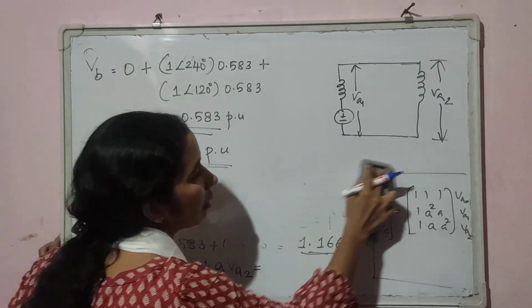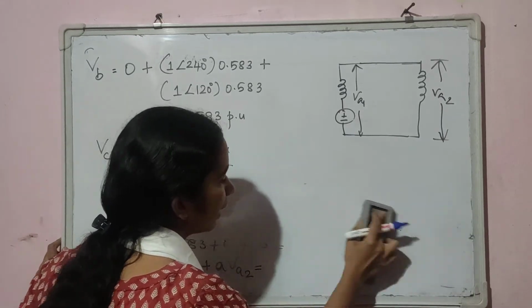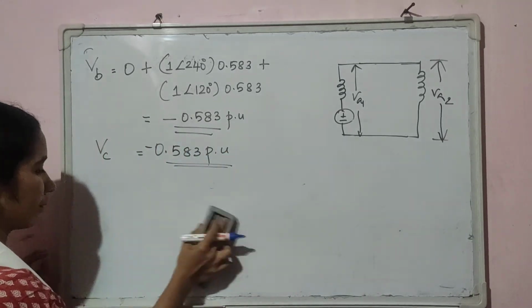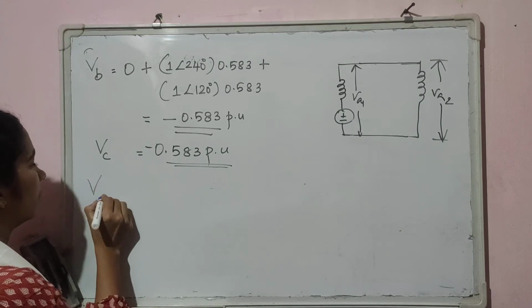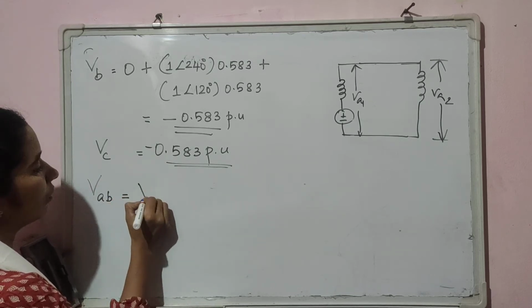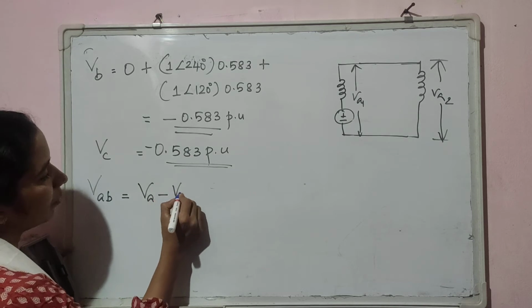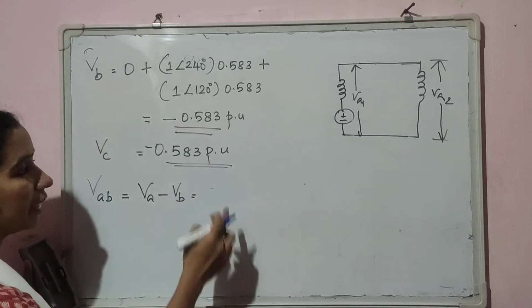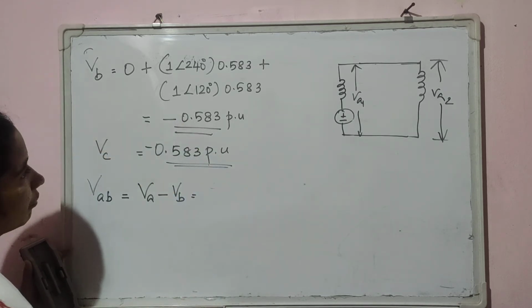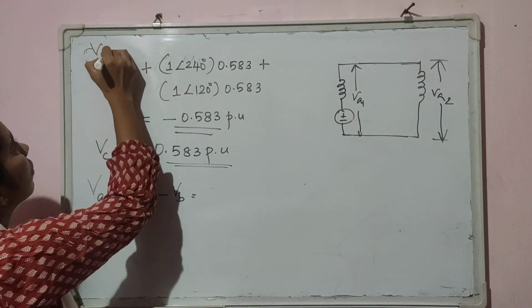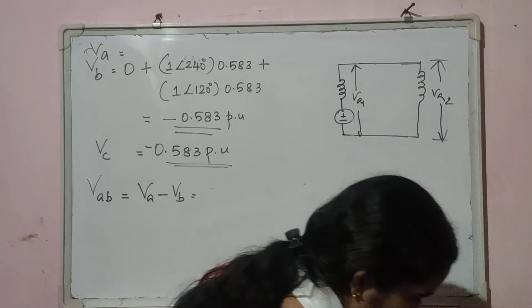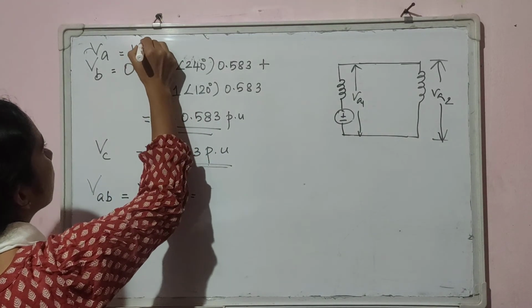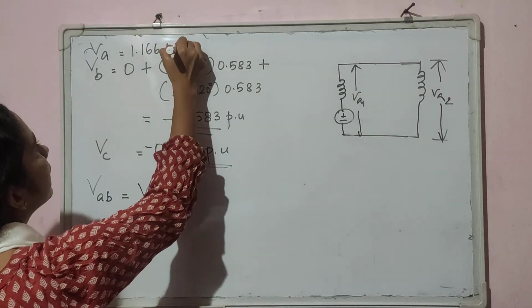Now we have to calculate the line voltages VAB, VBC and VCA. So we have VAB is equal to VA minus VB. That is, what's the value of VA? We got the value of VA as 1.166 per unit.